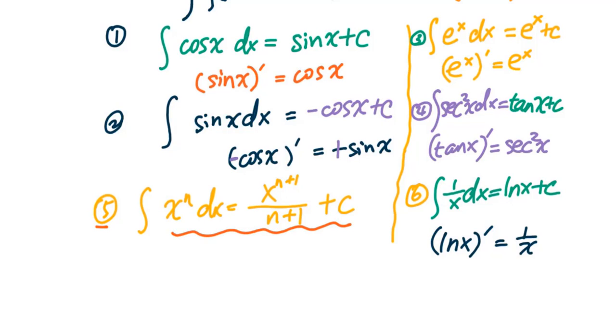For number 6, we discussed just now. Remember the derivative of the natural log of x is 1 over x. Therefore, the integral of 1 over x dx will be natural log of the absolute value of x plus c. As long as you are familiar with these 6 integral rules, that's enough for IB, AI, HL.